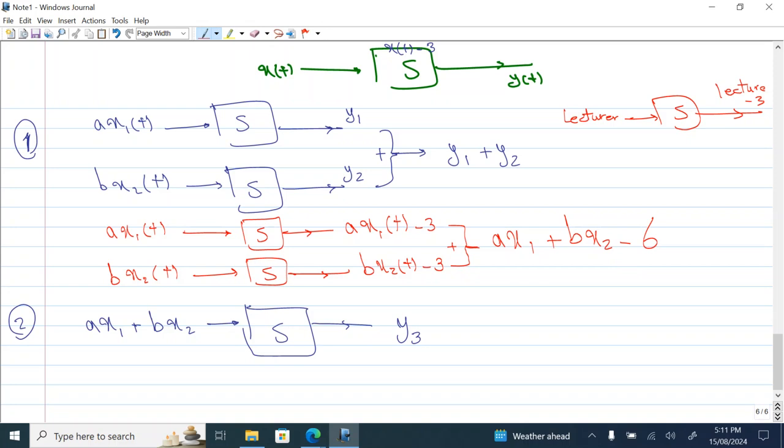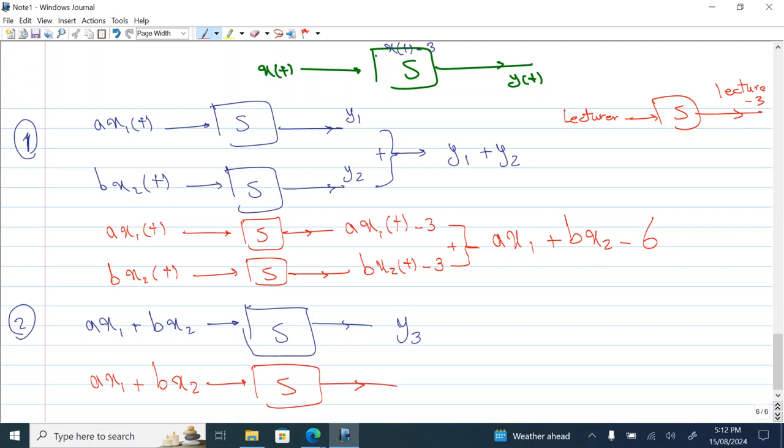So step 1. Step 2. Let's send a x1 plus b x2 to the system. What does this system do? Come on, think about it. Exactly. Whatever you send to the system, 3 will be deducted.